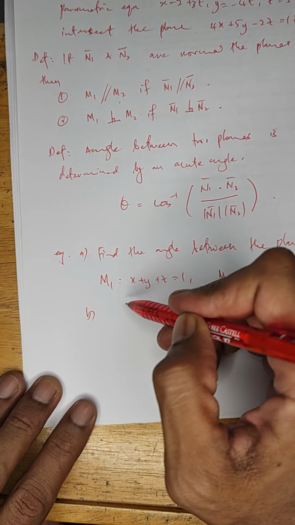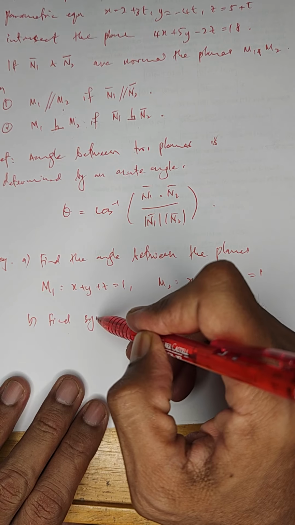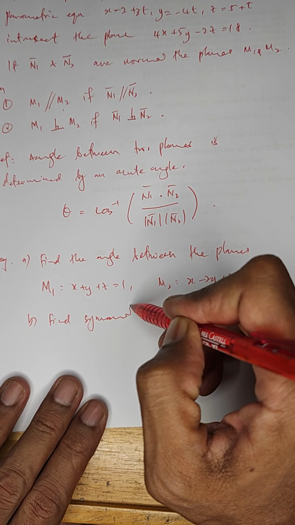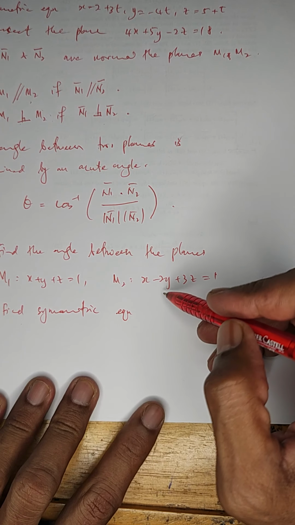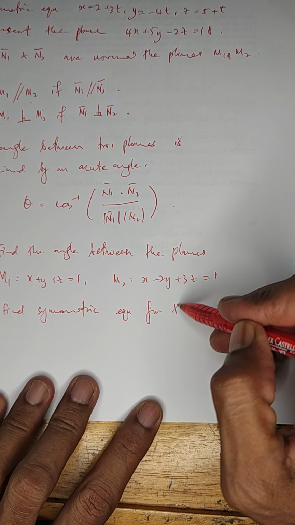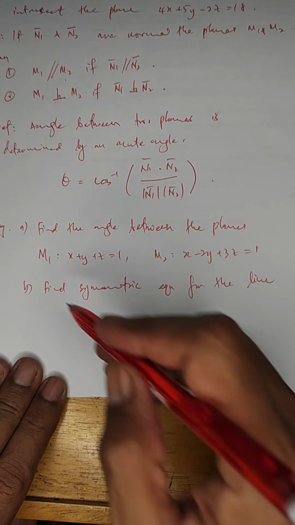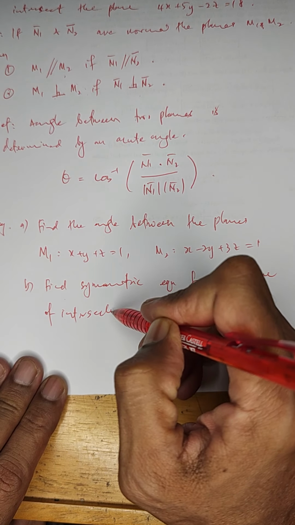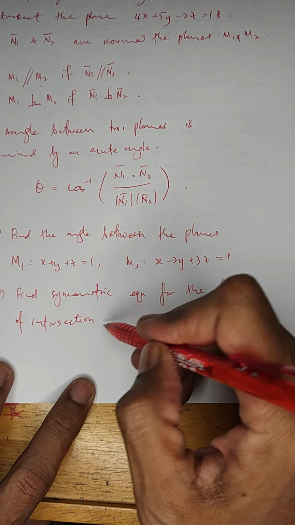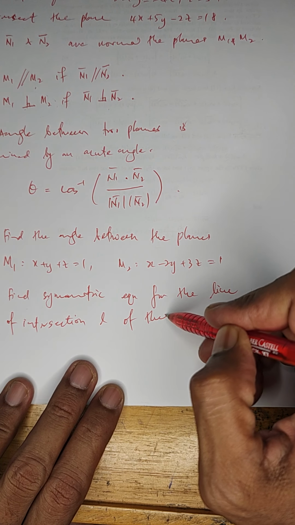And (b) find the symmetric equation for the line of intersection L of these two planes.